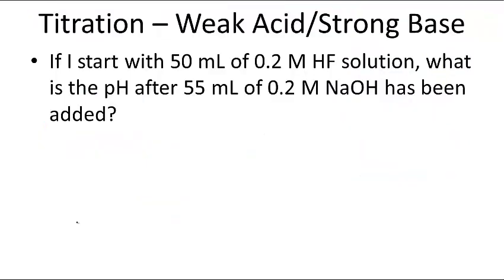So if I start with 50 milliliters of 0.2 molar HF and 55 milliliters of 0.2 molar NaOH, remind me, what is the reaction that's going to occur when I mix these two things?